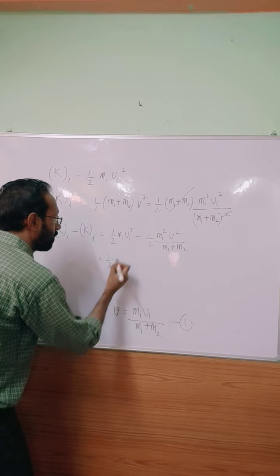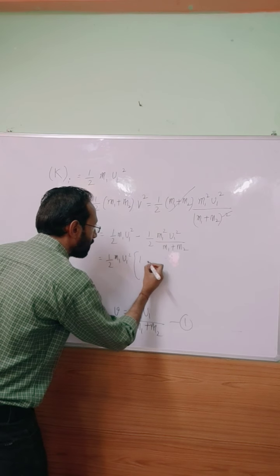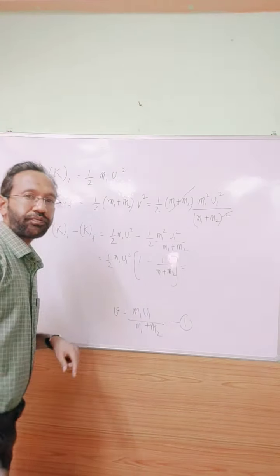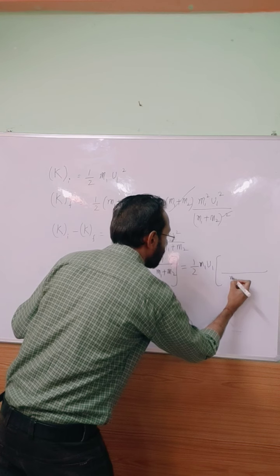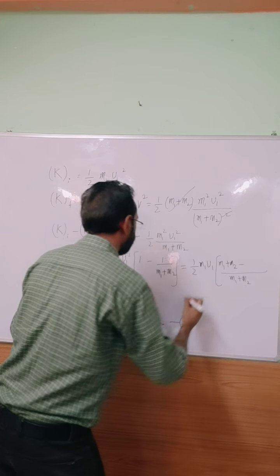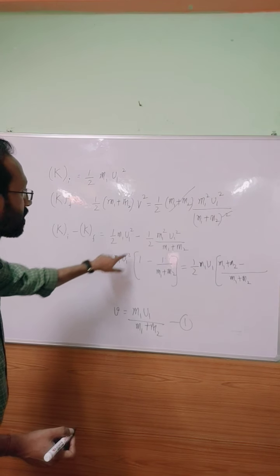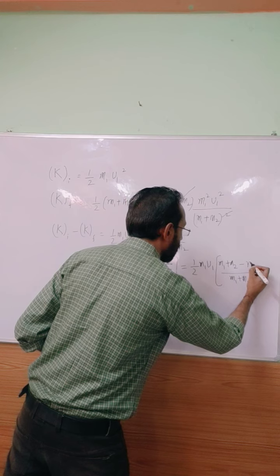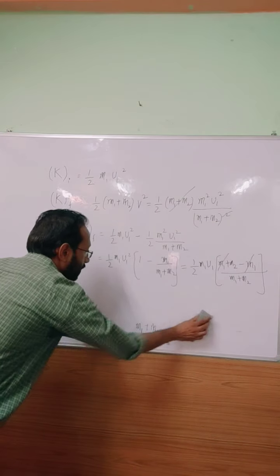Half m1 u1 square is common, so we get 1 minus m1 upon (m1 plus m2), that is equal to half m1 u1 square, LCM is (m1 plus m2), and we get (m1 plus m2 minus m1). This cancels out, and we have the final result.